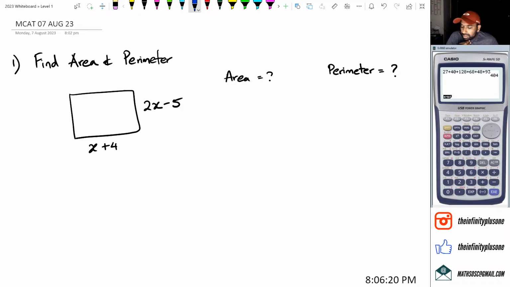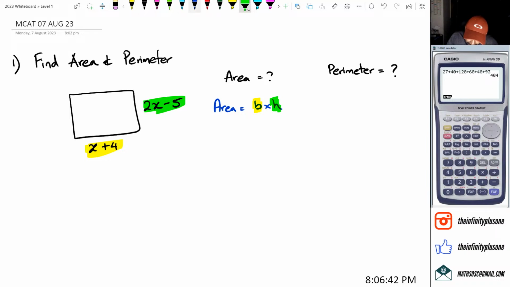All right, so I might just get started with this question here. If you look at this particular shape, we actually have a rectangle. So we know the area formula for a rectangle is base times height. It doesn't matter which one you choose as the base, as long as you multiply the two variables, you're pretty much good to go.